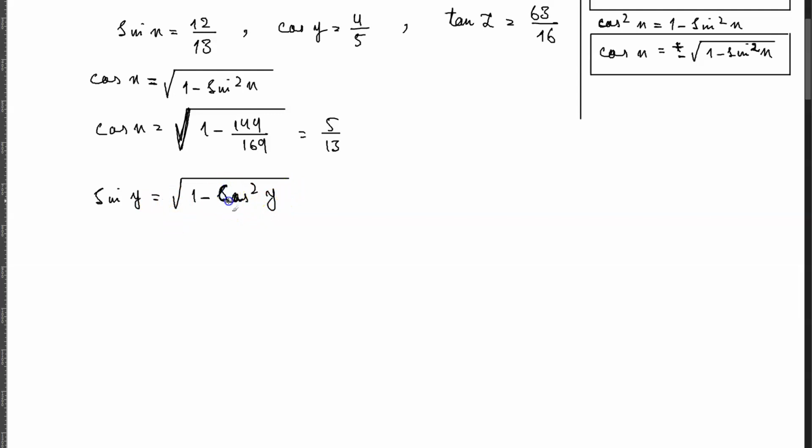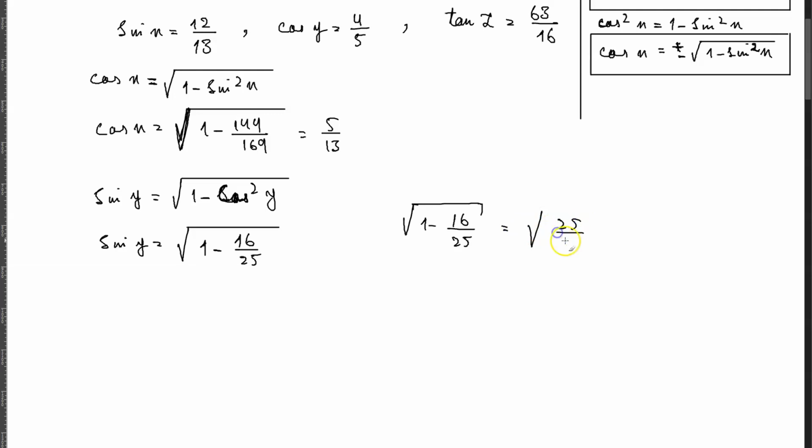Which means that sine y is equal to the square root of 1 minus 16 over 25. Now what is this thing? Let's calculate it here. The square root of 1 minus 16 over 25 is equal to the square root of 25 over 25 minus 16 over 25, which is equal to the square root of 9 over 25, which is equal to 3/5. So this is equal to 3/5.